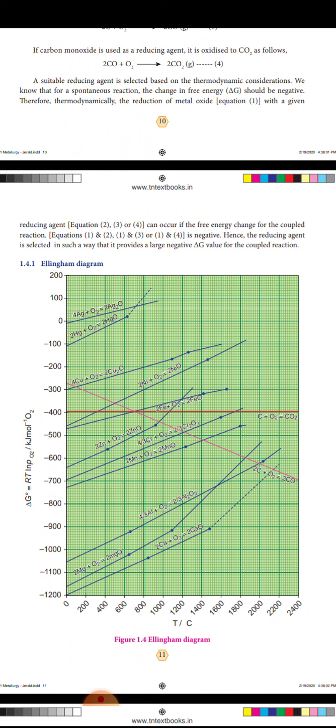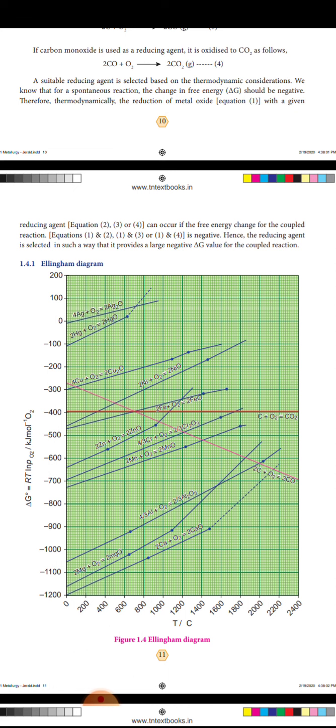This is the Ellingham diagram. Here, the delta G0 value for silver is almost equal to 0.